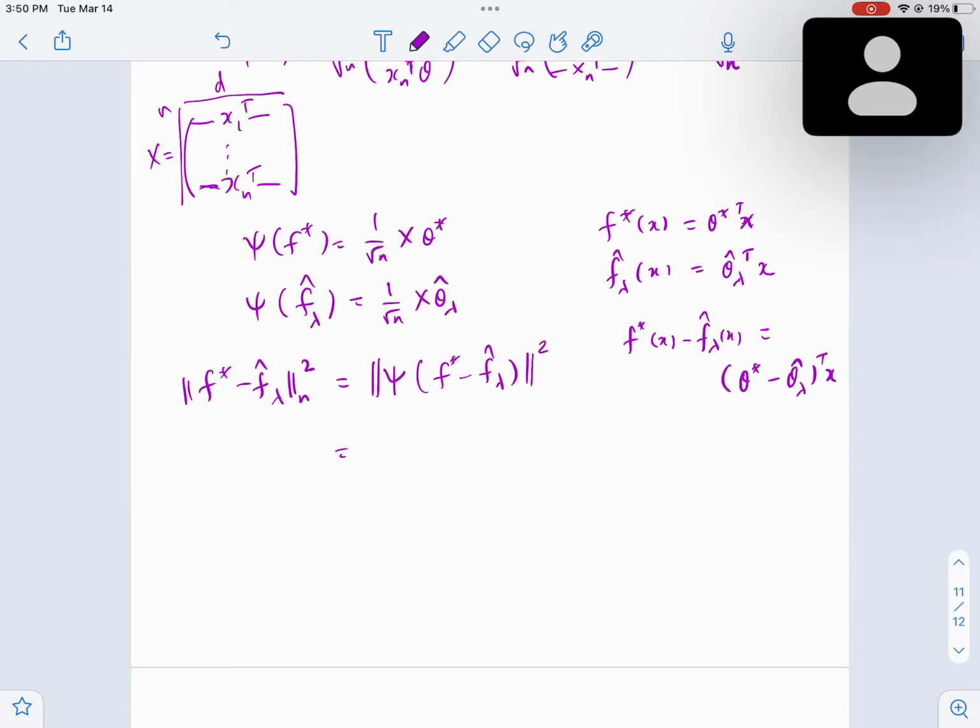So really, this is going to be 1 over root n x times theta star minus theta hat lambda, squared. Either you say that this is linear, so you get psi of this minus psi of that, or you can just realize that the difference is another linear function with a different theta here. And so psi of it is just something like this. Any questions? That makes sense.